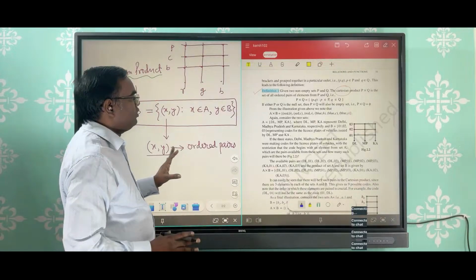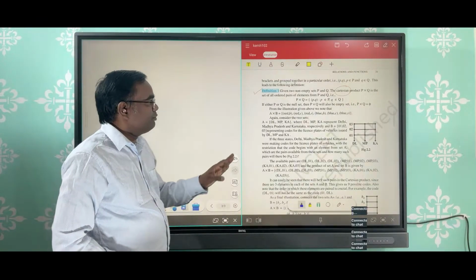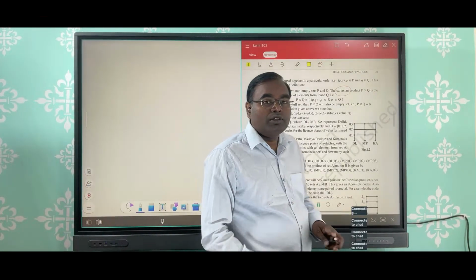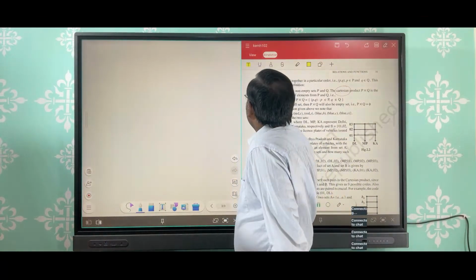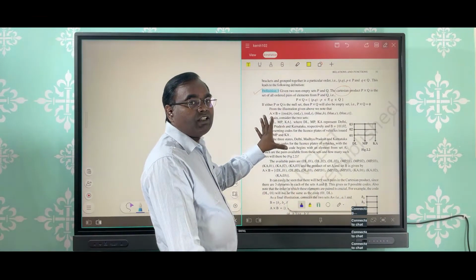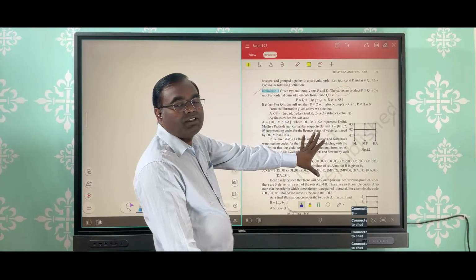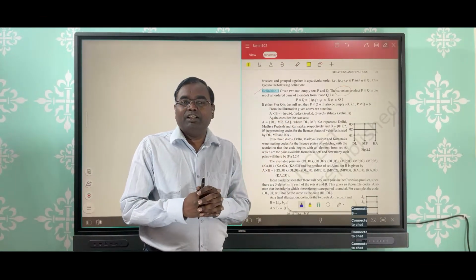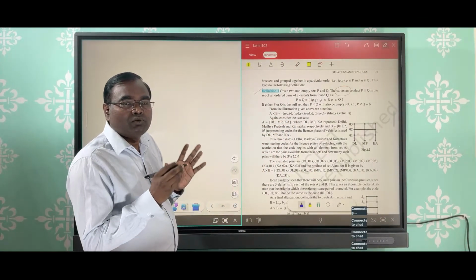Now let us take different examples to make it more digestible for you. The definition of the Cartesian product is very easy. What you have to do is take two sets, right?